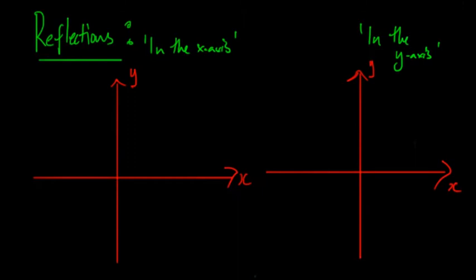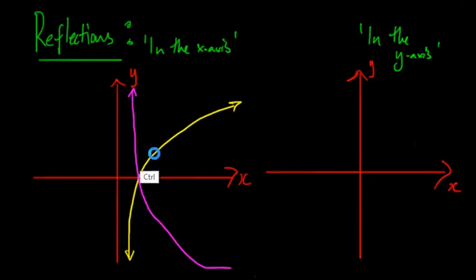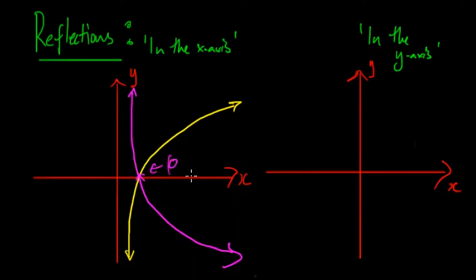So reflections. Reflections you can see pretty easily whenever you graph it. So if you have that thing and we're doing it in the x-axis, then you're reflecting it in the x-axis. So it's going to look like this. And at this point, if it's a standard graph, it's going to be (1, 0).